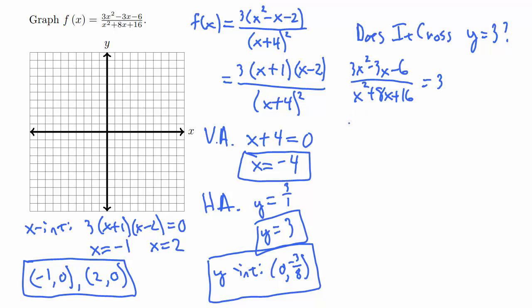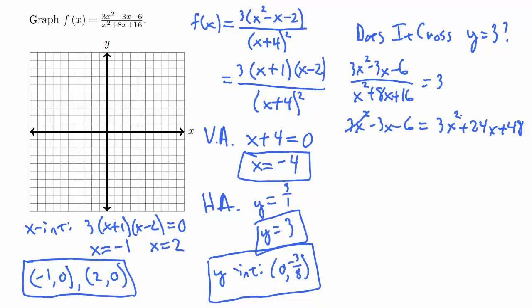And solving this gives me 3x squared minus 3x minus 6 is equal to 3x squared plus 24x plus 48. I got all these numbers by multiplying both sides by the x squared plus 8x plus 16. So I just distributed the 3 to all three of these terms, and that's what we get.